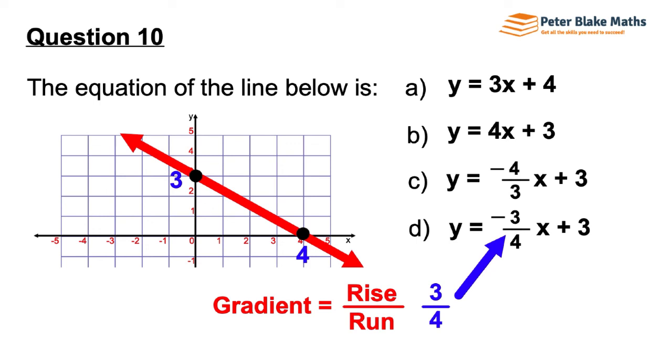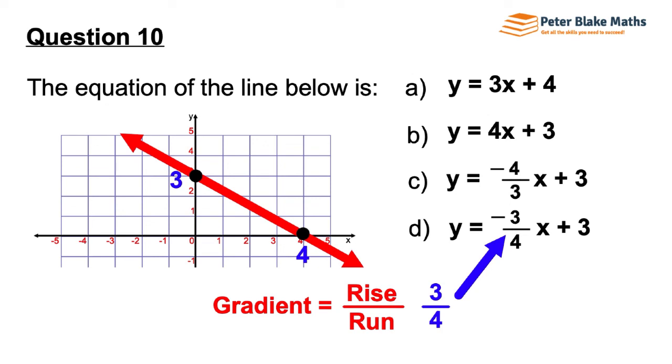Now we can find the gradient of our original line by having a look at rise over run. If you look at the values where the line crosses the y-axis at 3 and where it crosses the x-axis at 4, that indicates that it rises 3 for every 4 that it goes across.